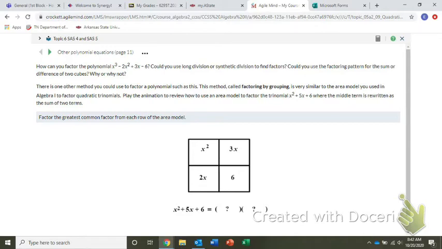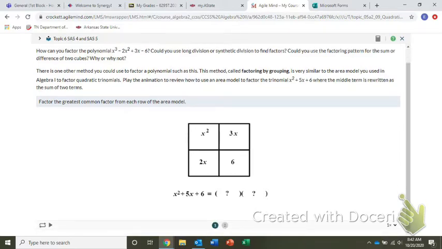So right here on this animation on Agile Mind, we see that we have the box method, okay, and this is called an area model. This is another way to find my factors. It says play the animation to review how to use an area model to factor the trinomial.